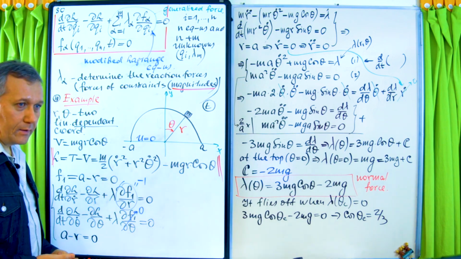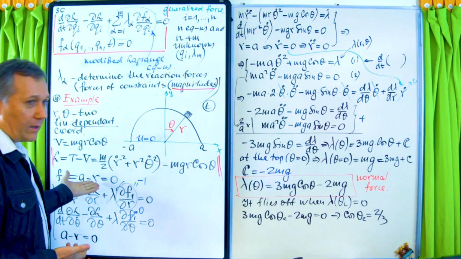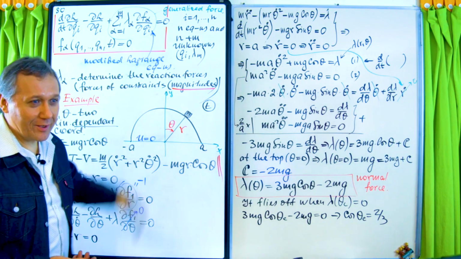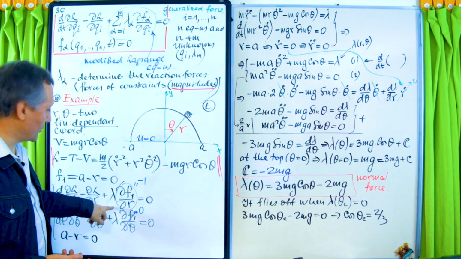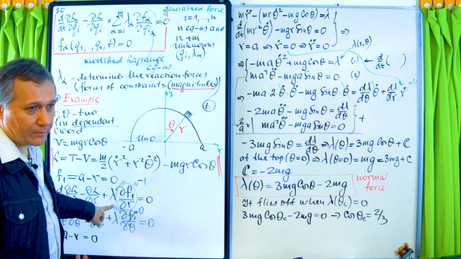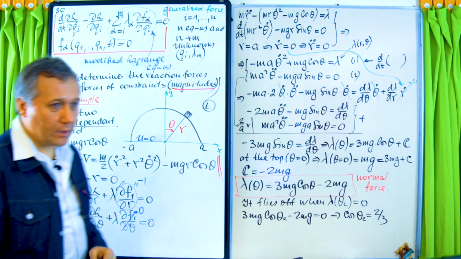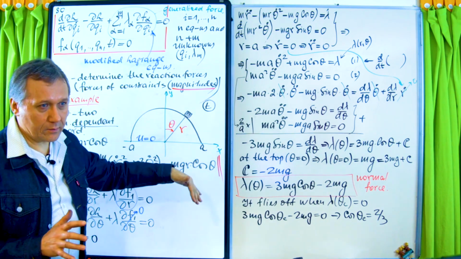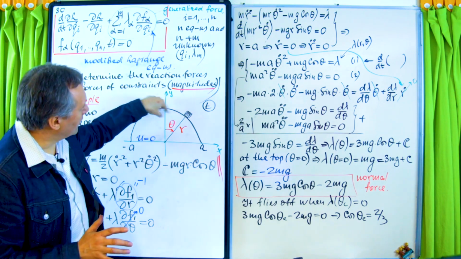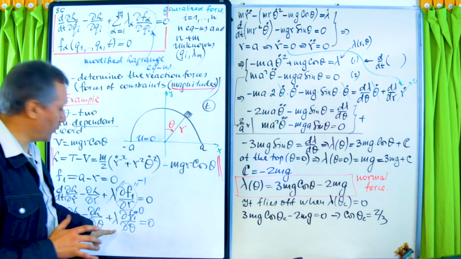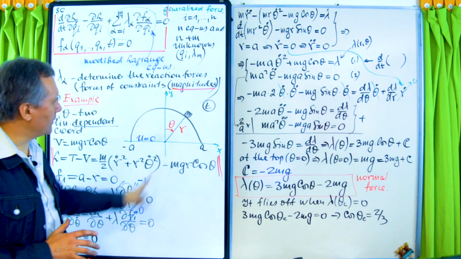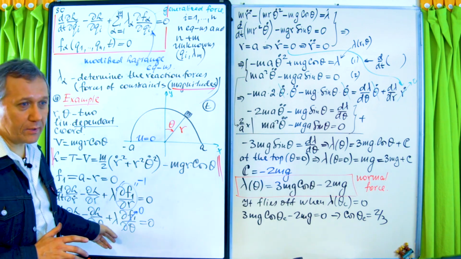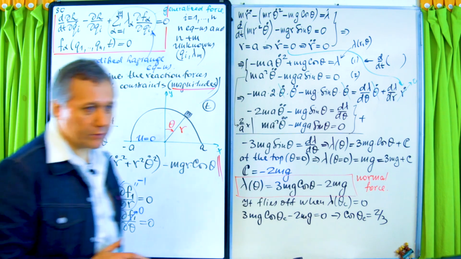Since the normal force is connected to the radial direction, it appeared only in the radial equation. But if we, for example, had some friction over here, maybe a wheel rolling down, in that case the friction force acts in the tangential direction. Of course, it will appear in the equation for theta.